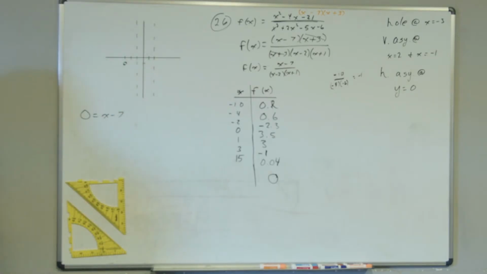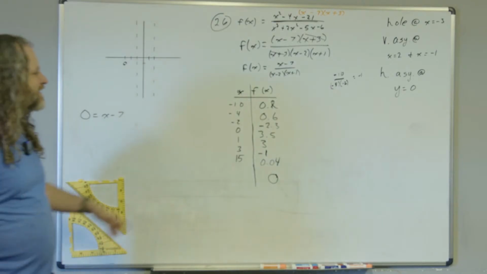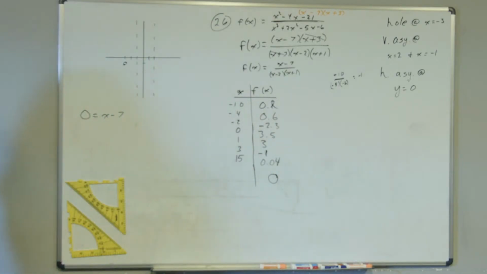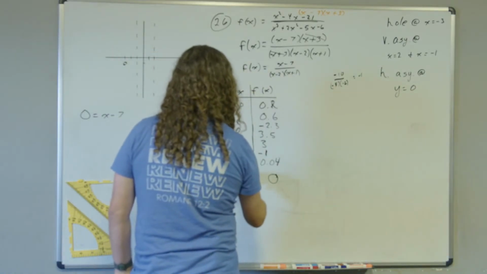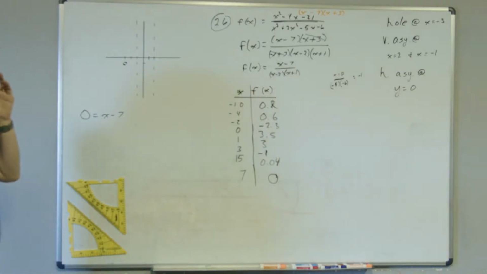I don't know why I'm saying things backwards this entire time. Both the x-intercept and y-intercept would be useful. We already found the x-intercept right there. This would be at 7.